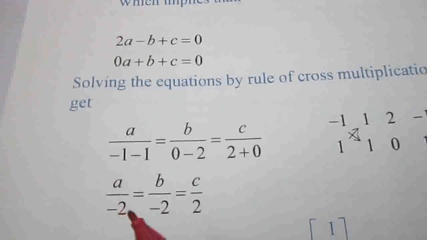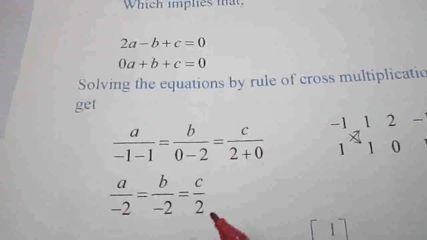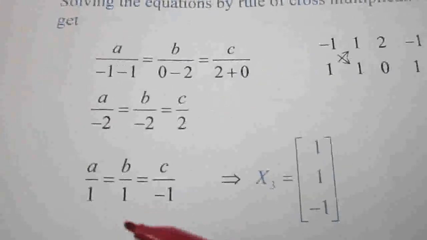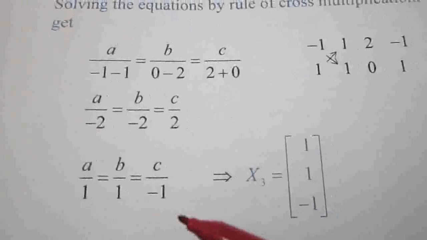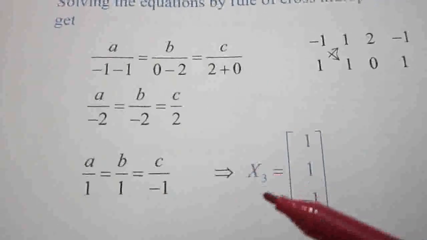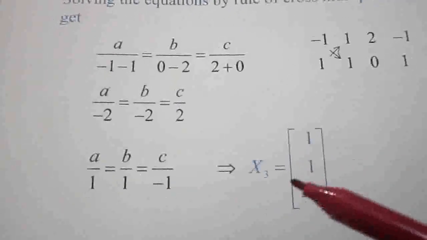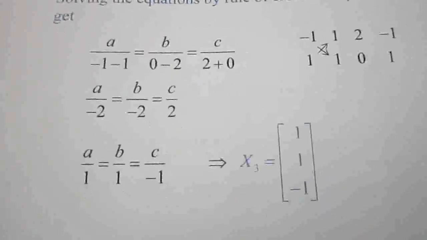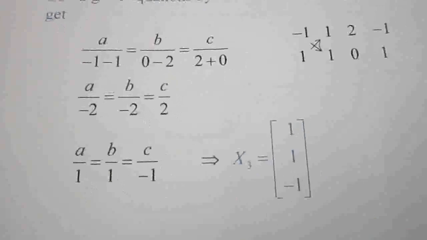So A by minus 2, B by minus 2, C by 2. Divide by minus 2, and we get A by 1, B by 1, C by minus 1. So the third eigenvector is 1, 1, minus 1. And all the eigenvectors are orthogonal to each other.